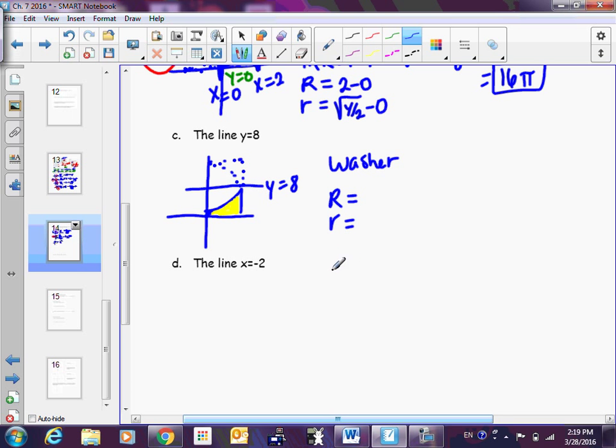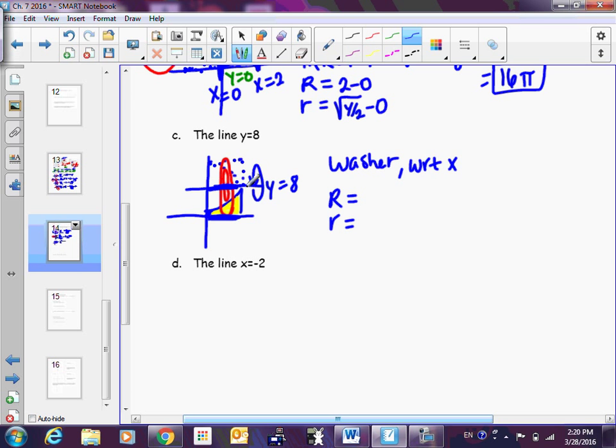Is this with respect to x or y? X. So here's your washer right here. And as you draw it, this is going to help you find your big R and your little r. Your big R is going to be from your line of rotation to your outer edge. What would that be?